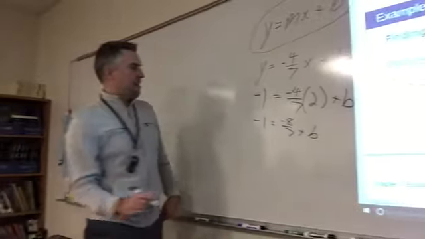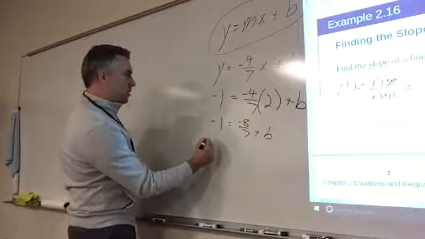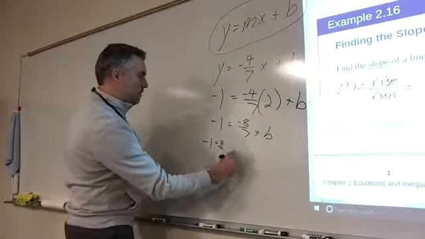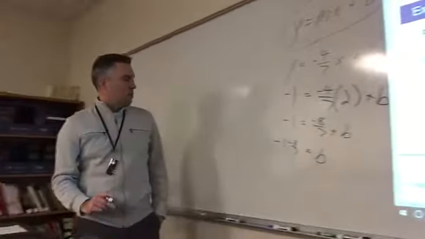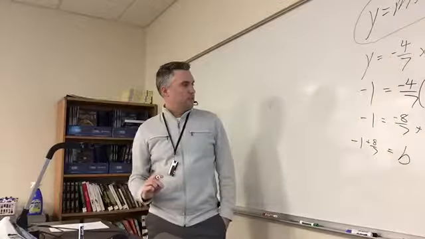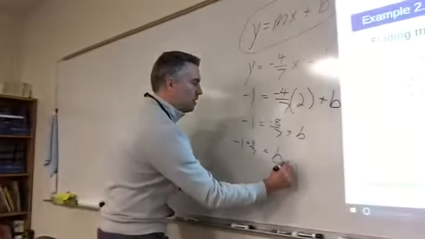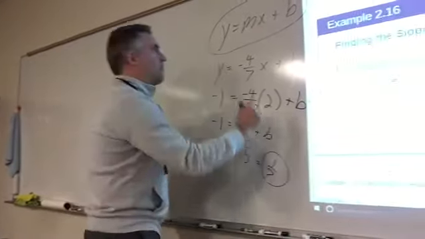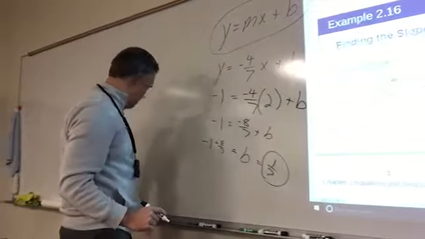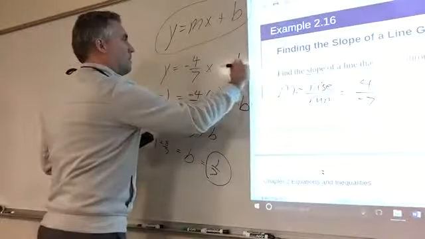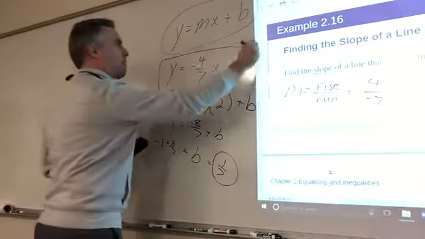I have to add 8/7 to both sides, so -1 plus 8/7 equals b. -7/7 plus 8/7 is 1/7. So b is 1/7, and my final equation is, hope I did this right, y equals -4/7 x plus 1/7. How do you guys feel about that?